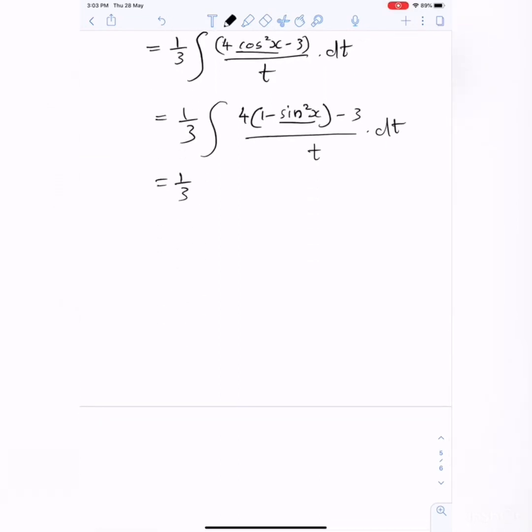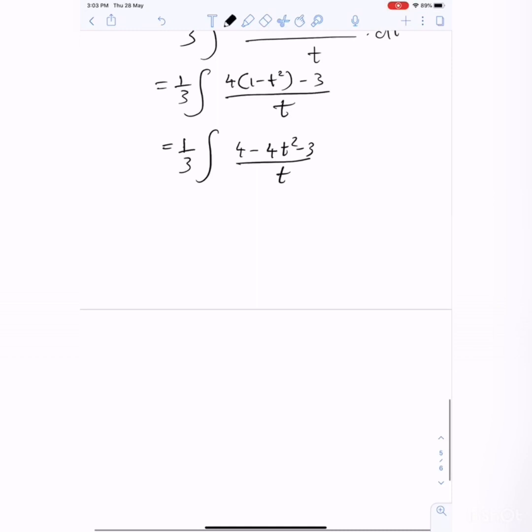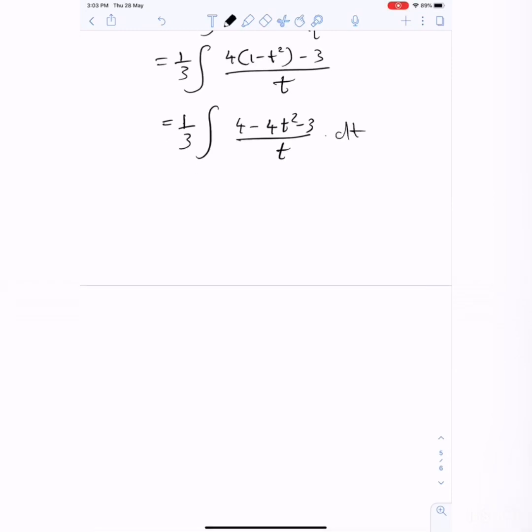So 1 over 3 integral of 4 into 1 minus t square minus 3 over t, which means our integral would be 4 minus 4t square minus 3 over t dt.